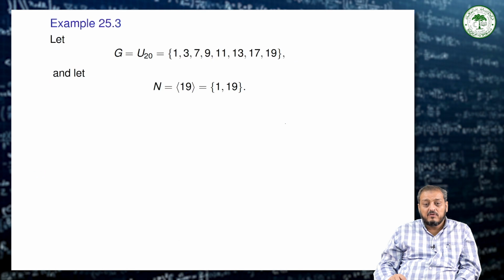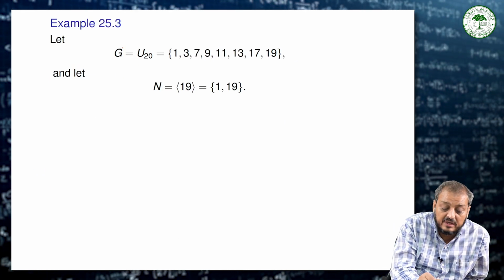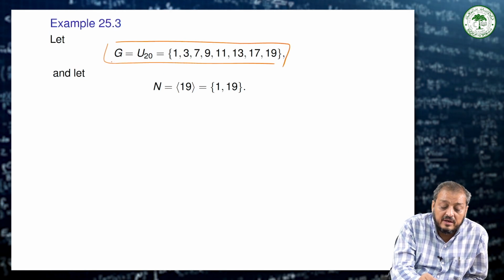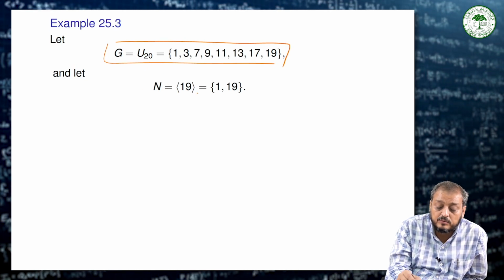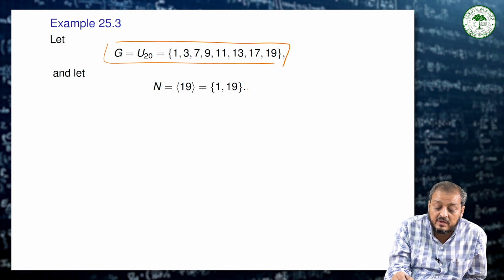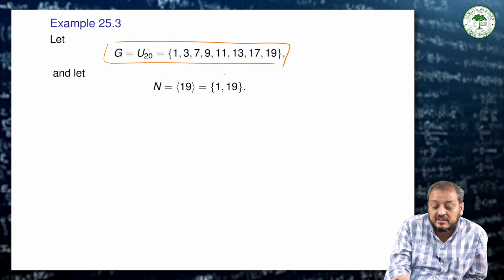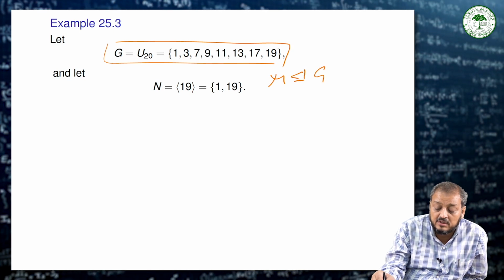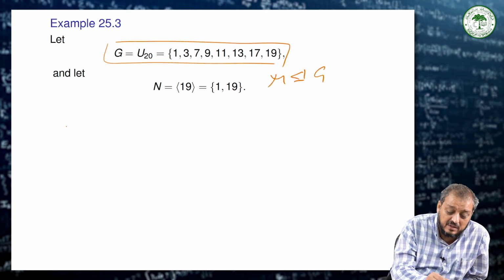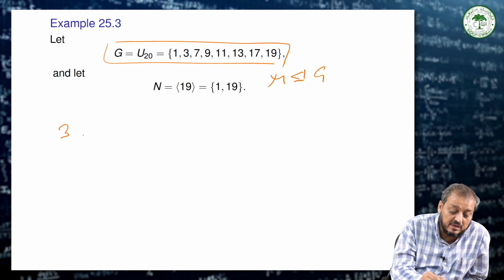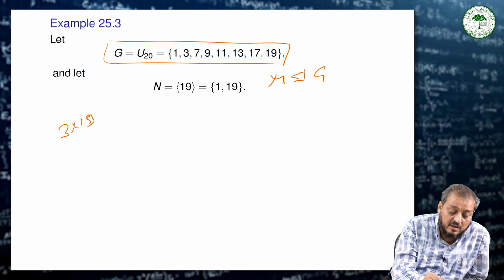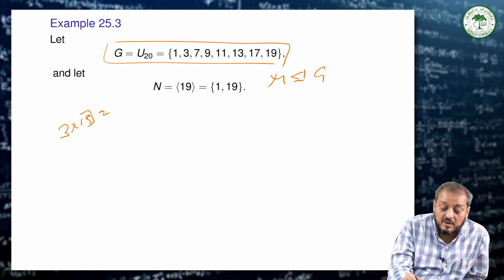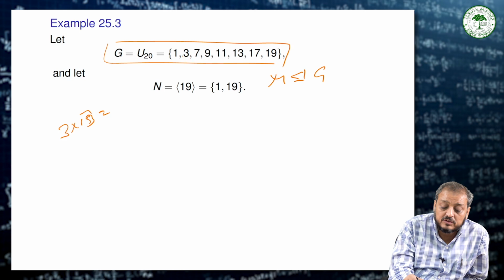Now we have to take another example. Like G is equal to U(20), and N is a subgroup generated by 1 and 9. You can easily check that N is normal in G. You take a 3, and then you take an element of N, and you take 3 inverse.